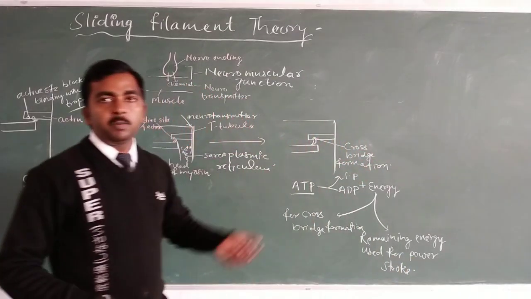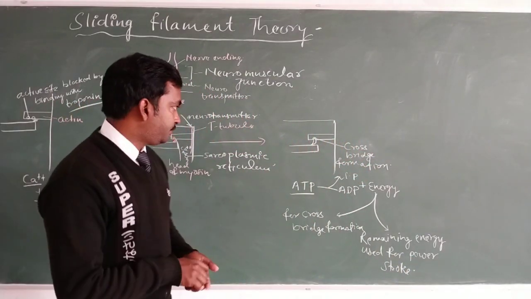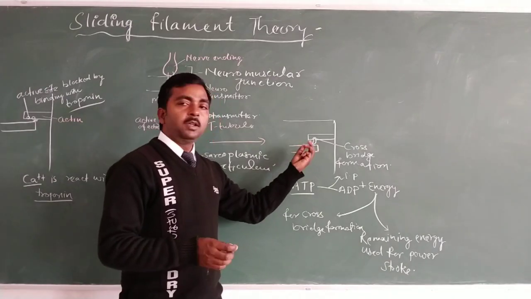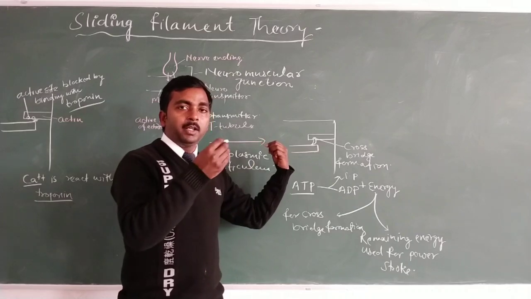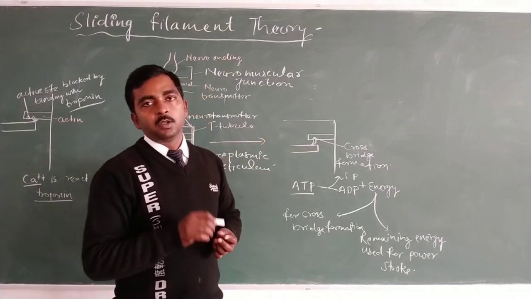So after making of cross bridge, the head of myosin pulls the actin over or across the myosin filament.